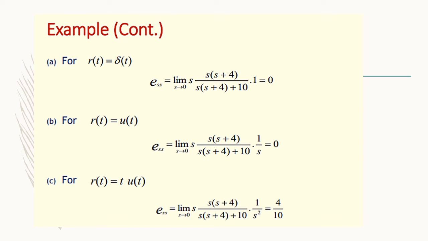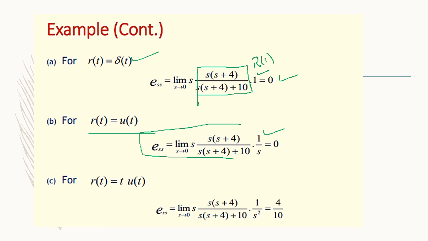In the first case, it is the impulse input. When we substitute, this is nothing but 1 divided by g of s into h of s. Since for the impulse input R of s is 1, the answer we get is 0. If I use a step input, I'll be using 1 by s. The remaining whole thing is the same as the previous equation, because only the input R of s varies.